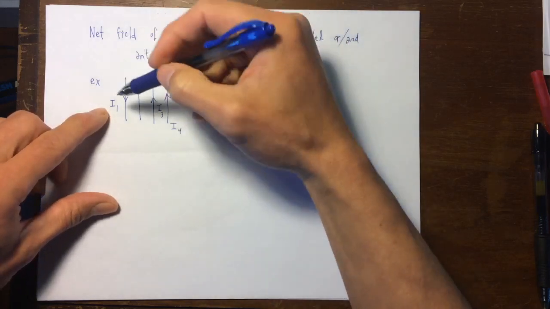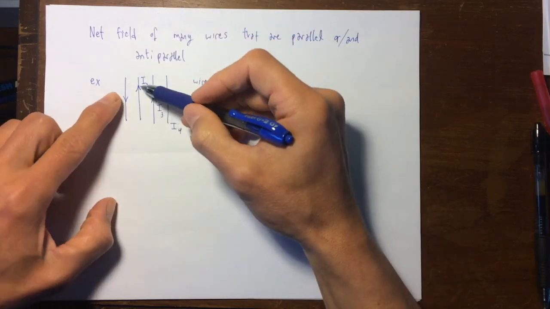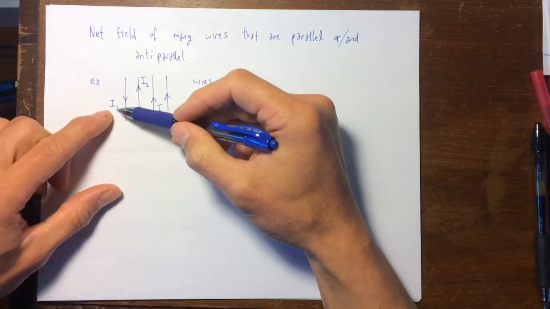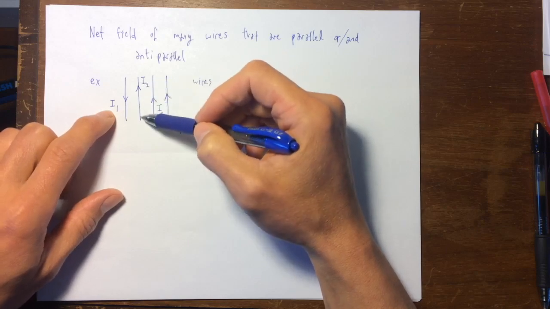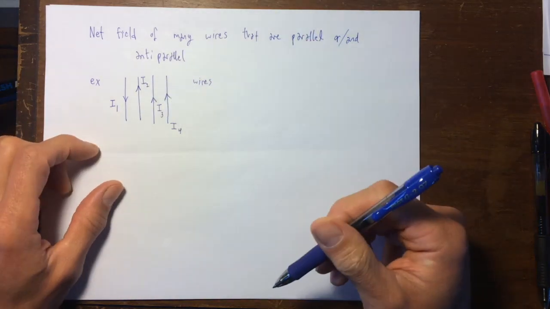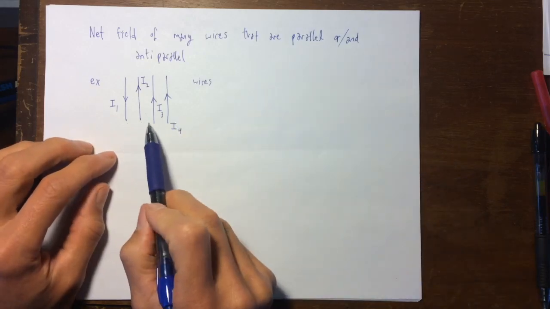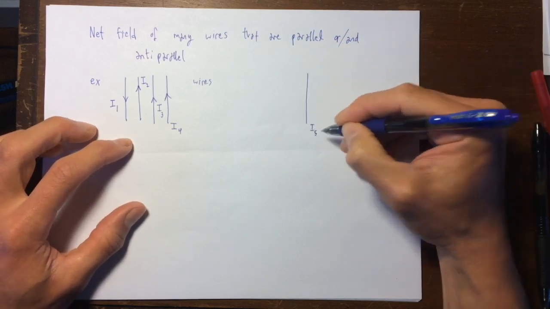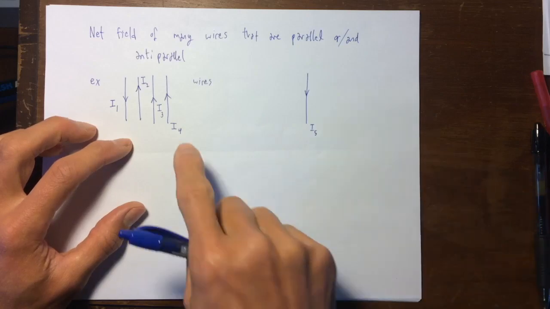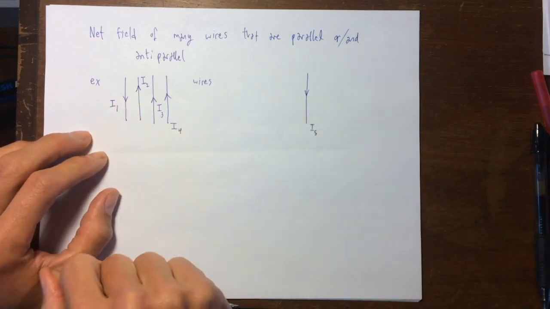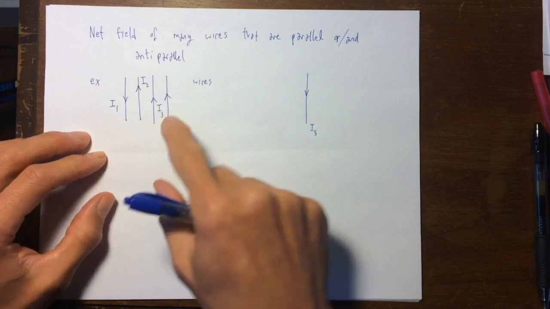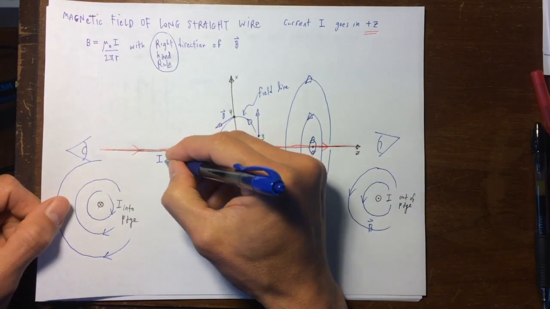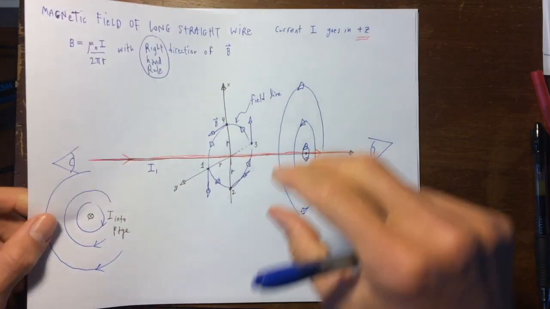Not only do they have possibly anti-parallel relationships in their current flow directions, it could be that I1 is 1 amp and I2 is 55 amps. They can all have different amounts of current. Not only that, they don't need to be evenly spaced. I could put a current over here called I5 that is also headed downwards, and it's really, really far away from these other wires. Now, each of the wires can be thought of in this kind of picture. This could be current number 1, and this is the field that cycles current number 1.